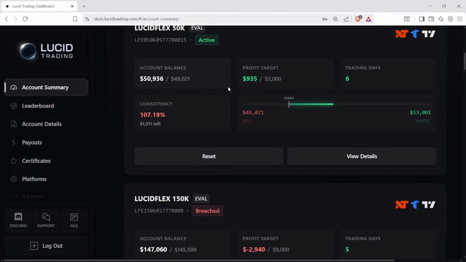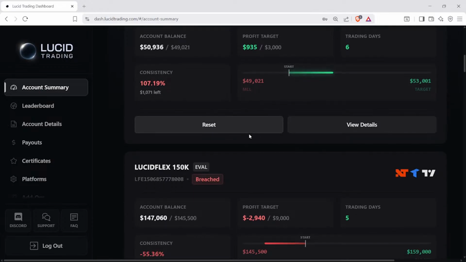So yeah, that's what happens sometimes. I'm up 935, 6 trading days. Consistency rule is high. This is where I'm at, near my target. I need $53,001. Okay, need $1 over.